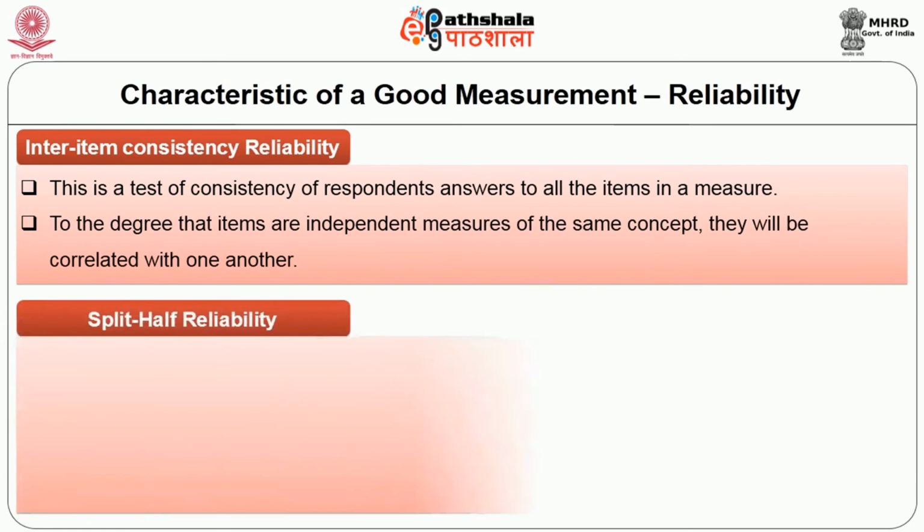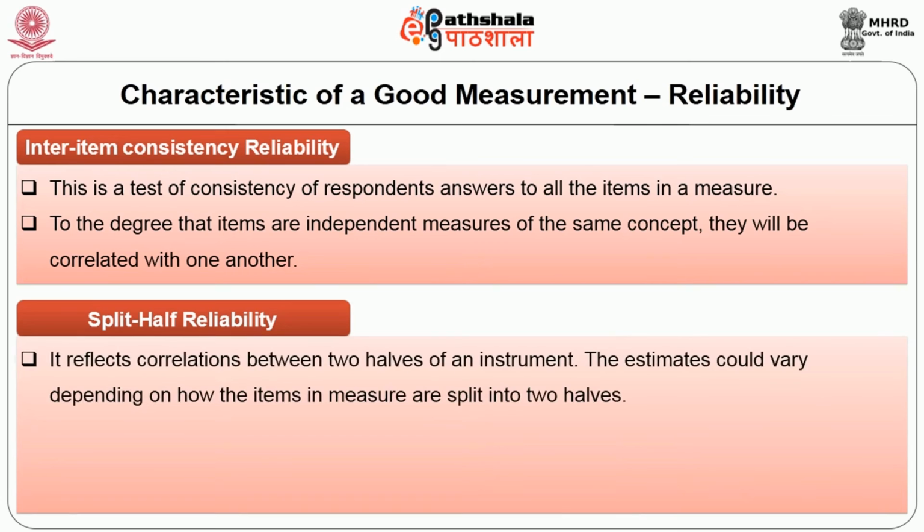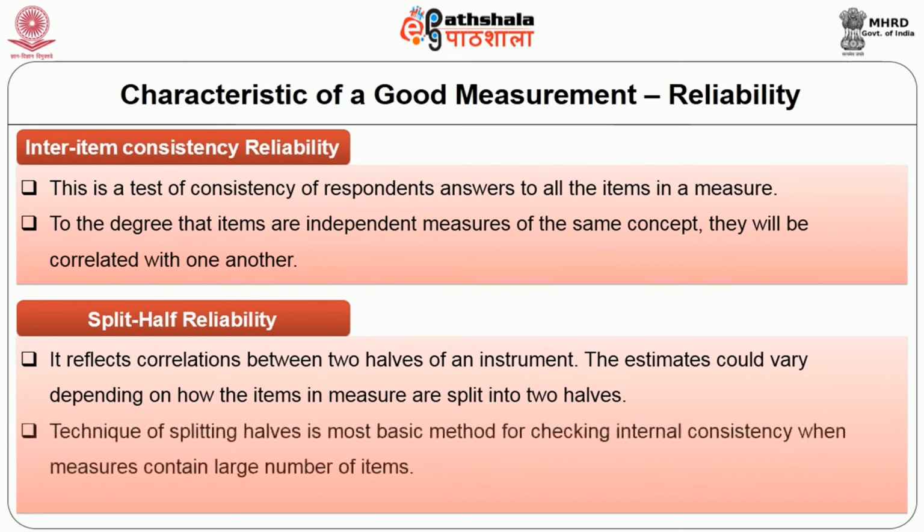Split half reliability. Split half reliability reflects the correlations between two halves of an instrument. The estimates could vary depending on how the items in the measure are split into two halves. The technique of splitting halves is the most basic method for checking internal consistency when measures contain a large number of items.